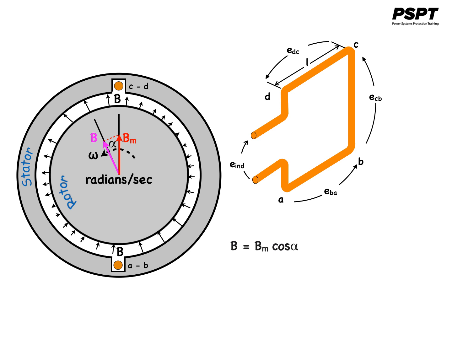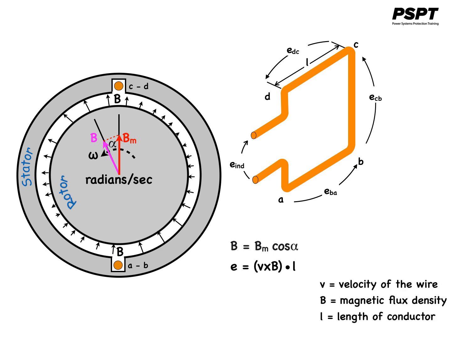The equation for the induced voltage in the wire, as we have seen before, is given by this equation. E is equal to V cross B times L, where V is the velocity of the wire, B is the magnetic flux density, and L is the length of the conductor.